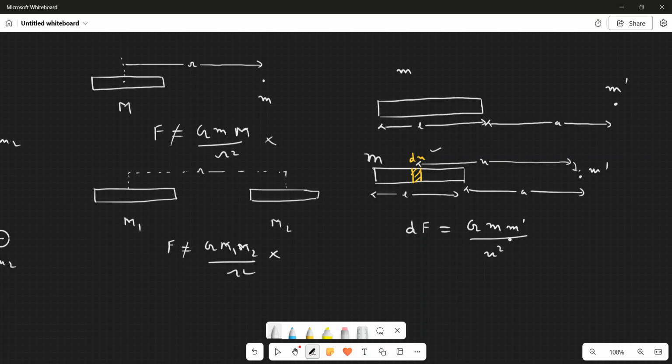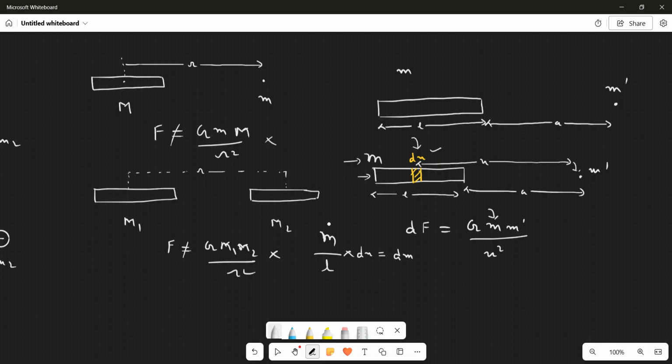Now the problem here is that I put m, which is the entire mass of the rod. So I have to replace this m with the mass of the element dx. Overall mass is m, overall length is L, and the element is dx. This gives us the mass, m by L into dx.